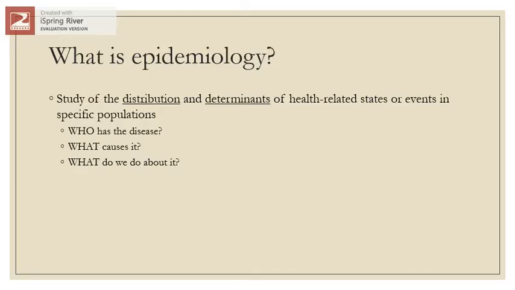What causes them to be physically active, or what predicts physical activity is another way to think about it. And then once we know who's physically active and what predicts who's going to be engaged in physical activity, what do we do about it? How do we change that? Really, how do we get more people to be active? And so this is the type of progression of thinking that we're going to go through. We're first going to describe who, then talk about what or determinants, and then what's the next step.